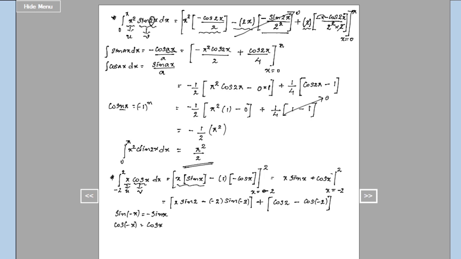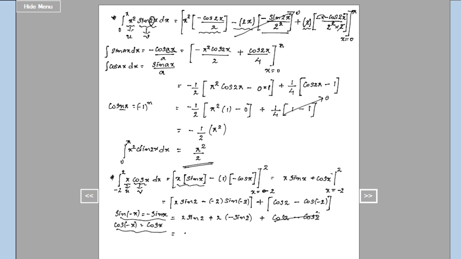Knowing this concept, we can apply it here: 2 sin 2, minus into minus plus 2 sin 2. Sin of minus x is minus sin x, so it becomes minus sin 2, plus cos 2 minus cos of minus 2, which is cos 2. So cos 2 minus cos 2 cancel. Those two terms get cancelled.